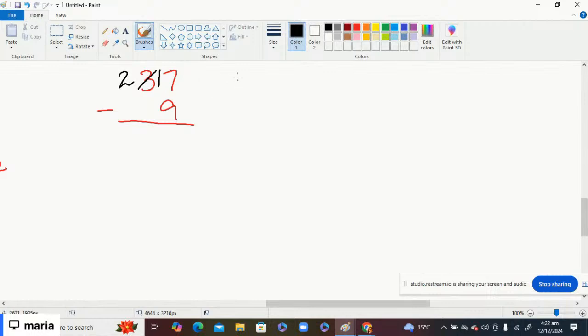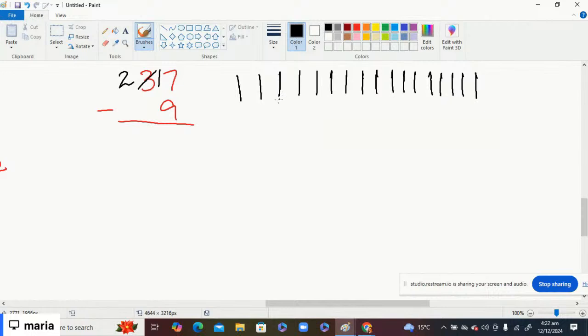Draw the 17 lines: 1, 2, 3, 4, 5, 6, 7, 8, 9, 10, 11, 12, 13, 14, 15, 16, and 17. Okay, remove 9 lines: 1, 2, 3, 4, 5, 6, 7, 8, and 9.